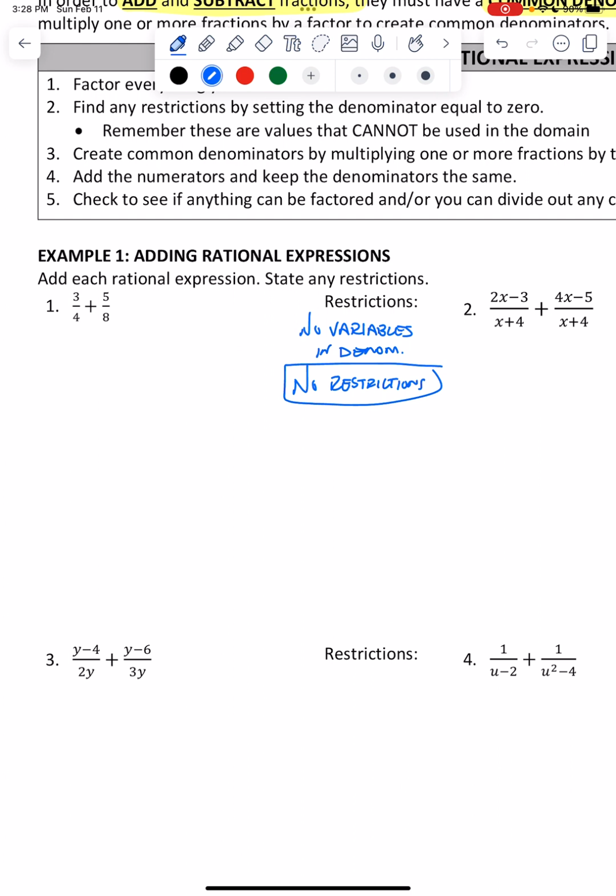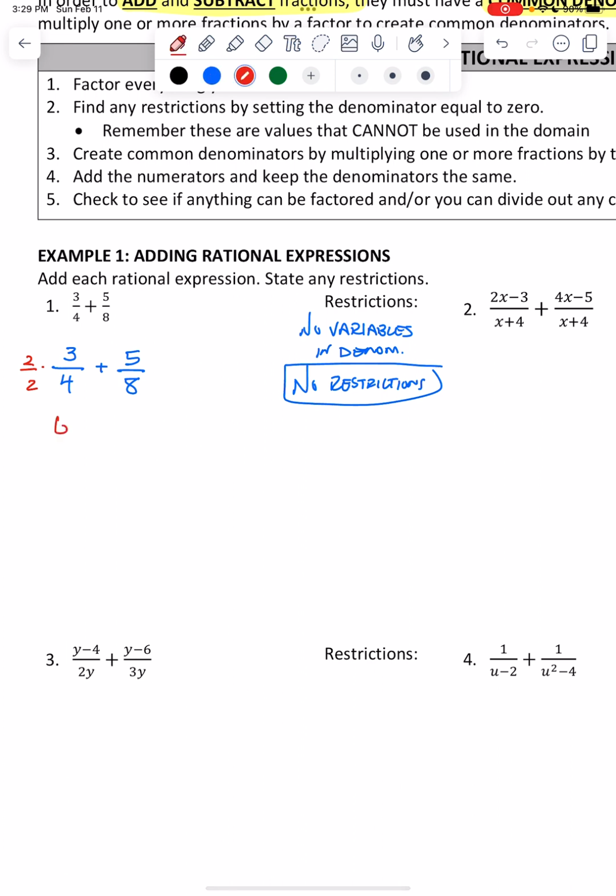Okay. So in this case, 3/4 plus 5/8. In order to add these together, they have to have the same denominator. So we figure out we could make both of them an 8 pretty easily. We can multiply the first one by 2/2 to make that 8 in the denominator.